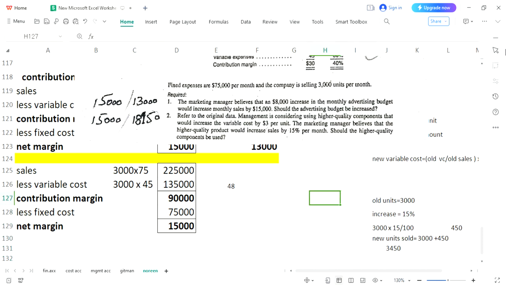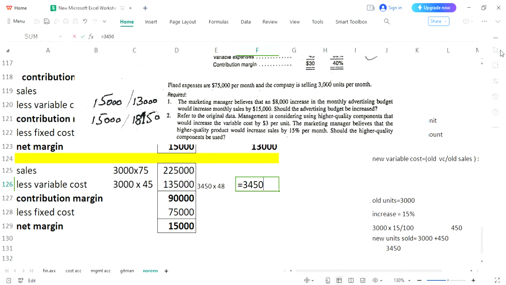Come over here. Your variable cost has been increased, but due to which your number of units would also be increased. Instead of 3000, now you will be selling 3450 units, and you will multiply to get your variable cost. Let's calculate it. 3450 would be multiplied by 48, and this way you will calculate what is happening.